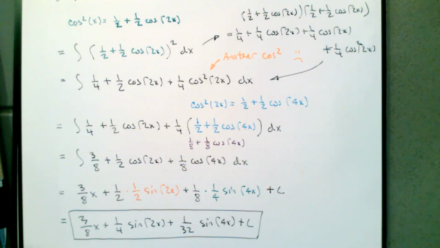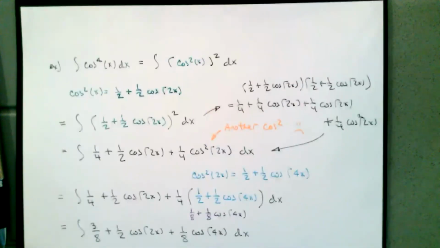It makes sense because this section is about parts, but I think it bears commenting that there are other ways to deal with even powers of cosine. In particular, was parts still going to be the way with cosine to the 4th? What would that look like if we used parts?